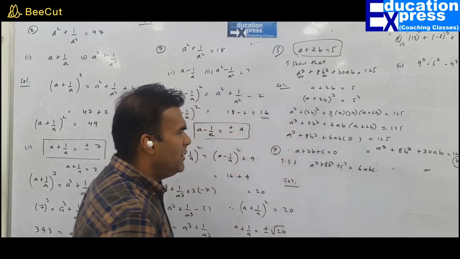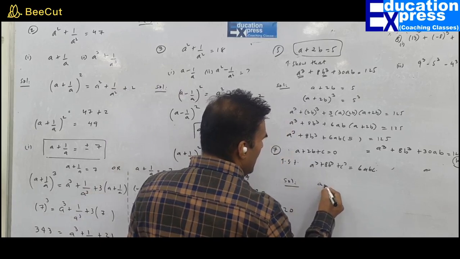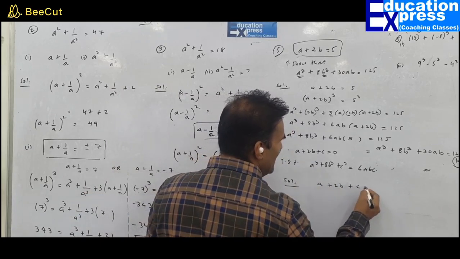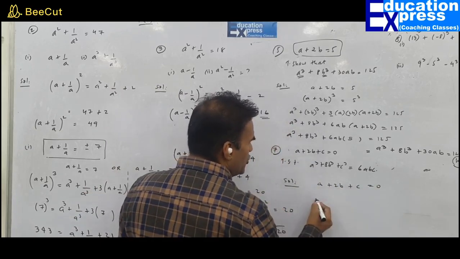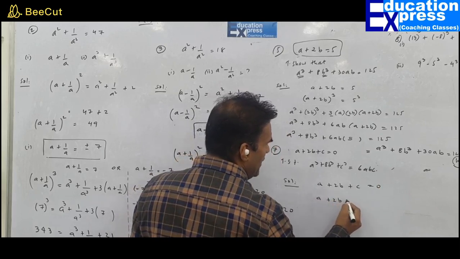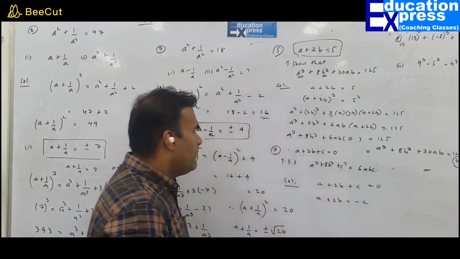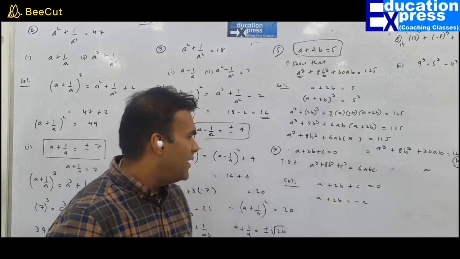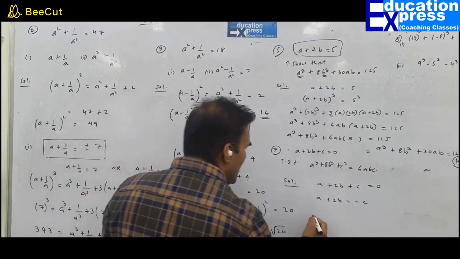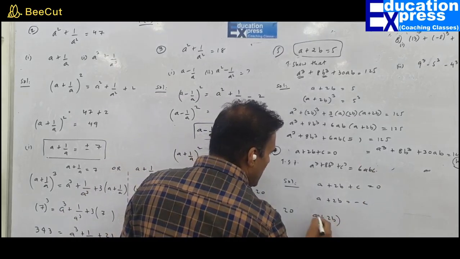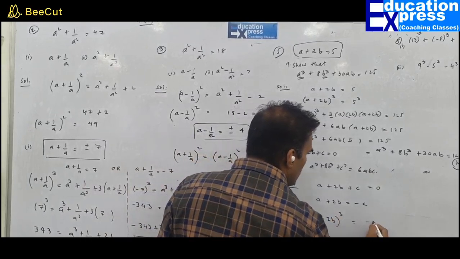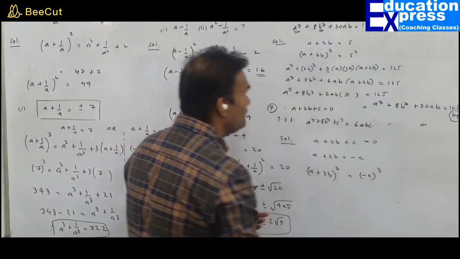What we can do over here is a plus 2b plus c equals 0. So a plus 2b equals minus c. Now I am shifting this c on the other side. Now if I take cube on both the sides, a plus 2b the whole cube equals minus c the whole cube.